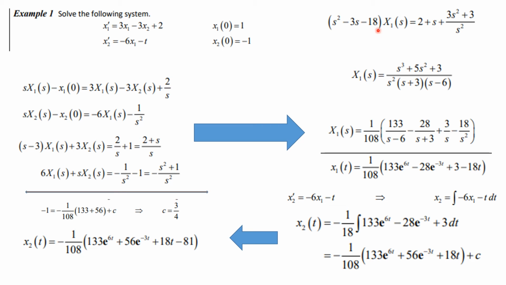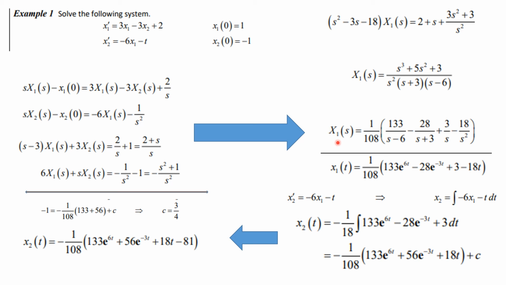And so I just have capital X1 of s is this, and I solve for this. I'm going to do algebra, but it's algebra with two aspects: one is just solving for it, and the other is arranging it so I know how to take the transform. And so we do partial fractions, and this is what we get.